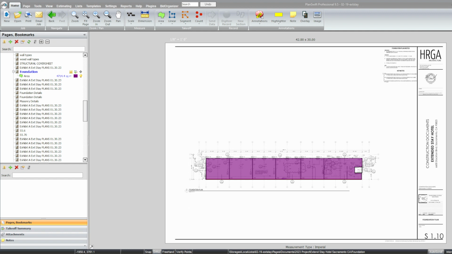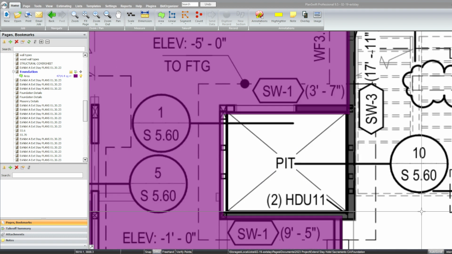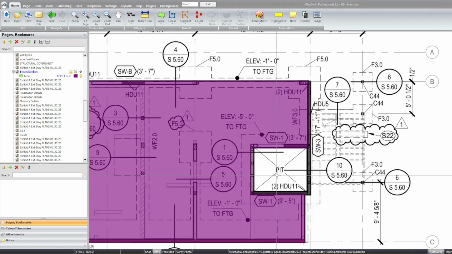All right, so let's finish this up with looking at our pit, because most of the time when I have to do a foundation, we have to do the pit. You've got to think in terms of wall construction instead of just a width or height of 18 inches or something like that.